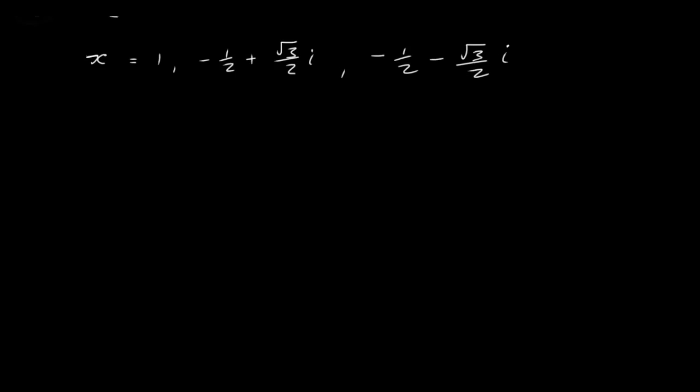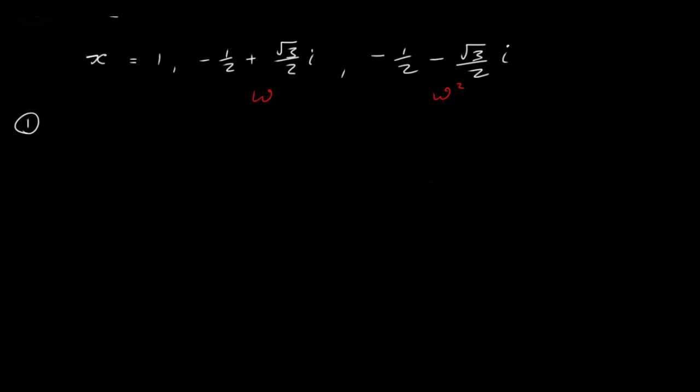So let's have a look at the properties of these roots. The first one I'm going to look at is where we multiply one of these roots by itself. In other words, we square this root, we should get this one here, and vice versa. So if I call this one here omega, this one here will be omega squared, and vice versa.